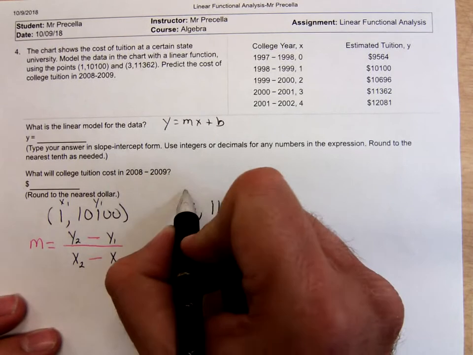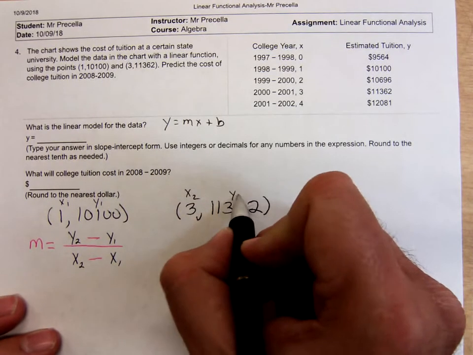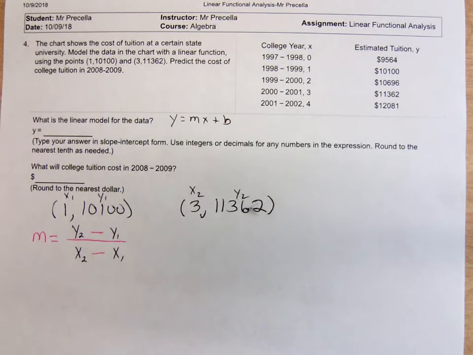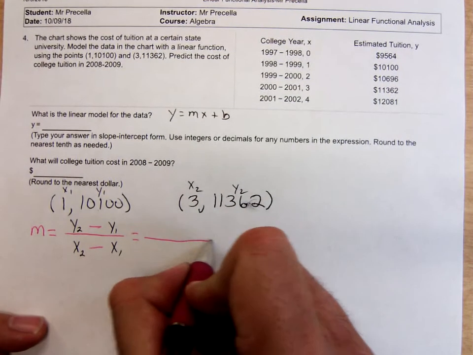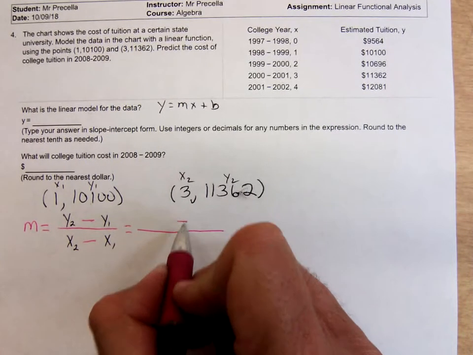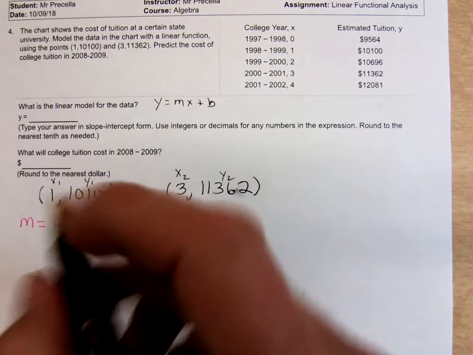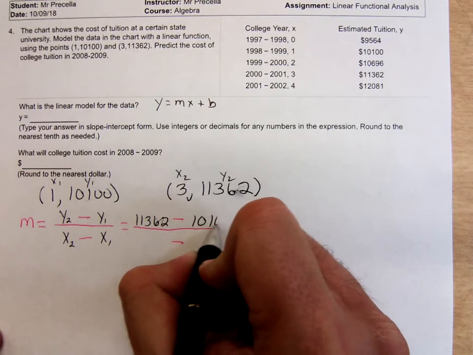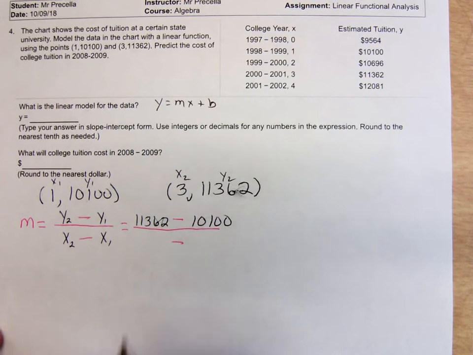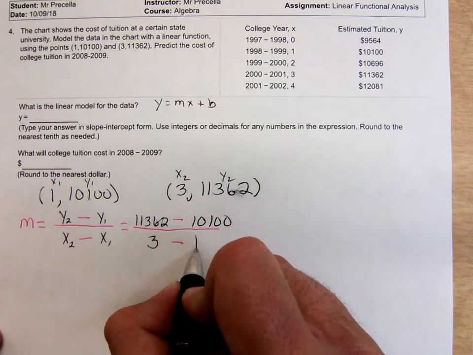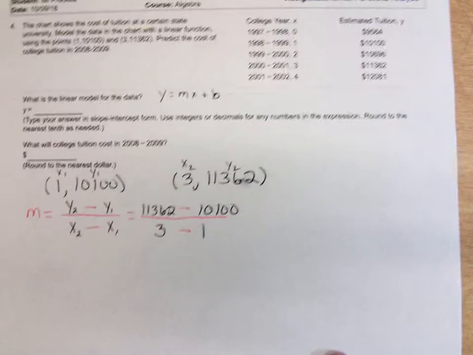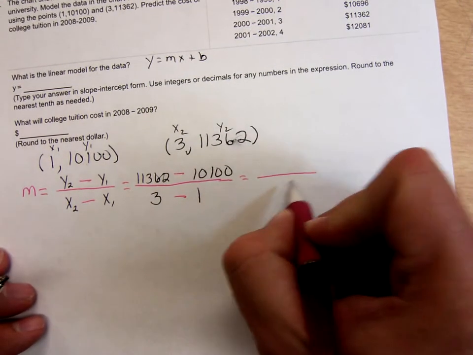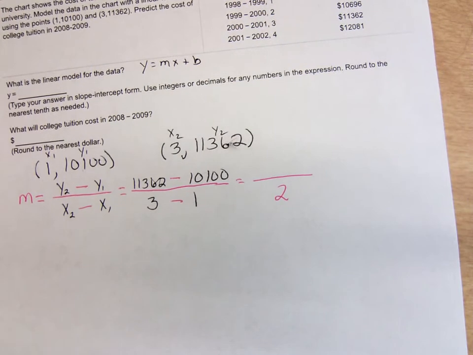Remember, each ordered pair is in the form x, y: x1, y1, x2, y2. So y2 minus y1 over x2 minus x1. The x2 minus x1, I can do that in my head. That's a 2.